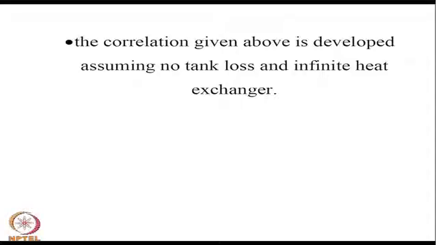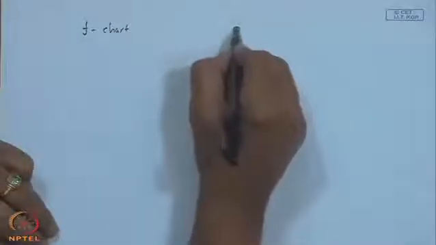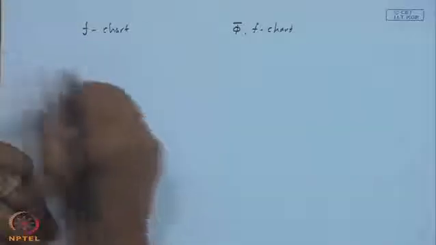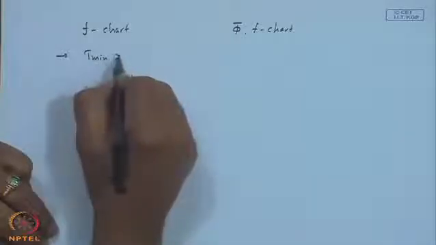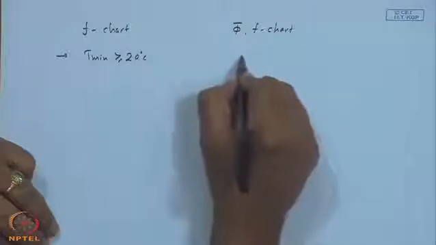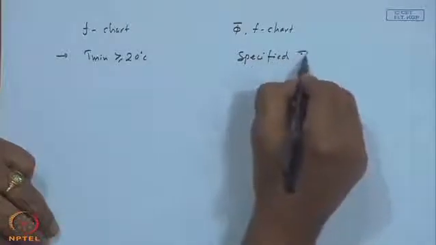In final, what we need to see is F chart and phibar F chart. This is T minimum 20 degrees C, here T minimum is specified.